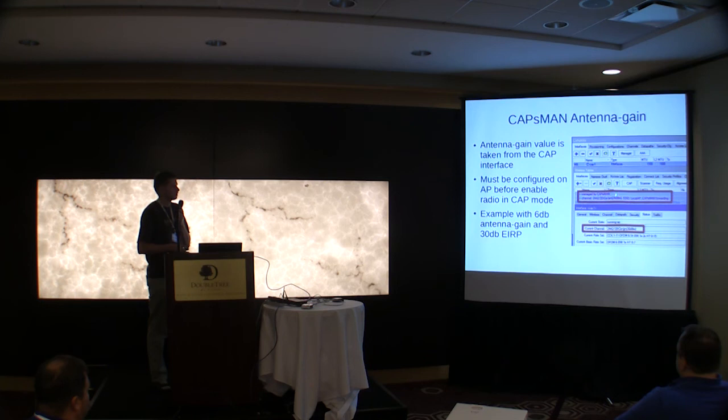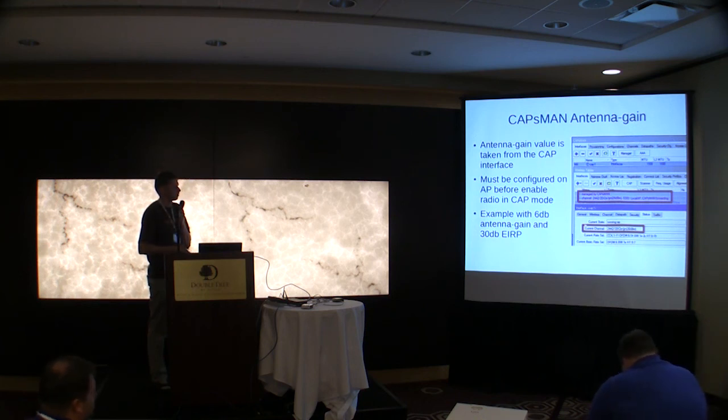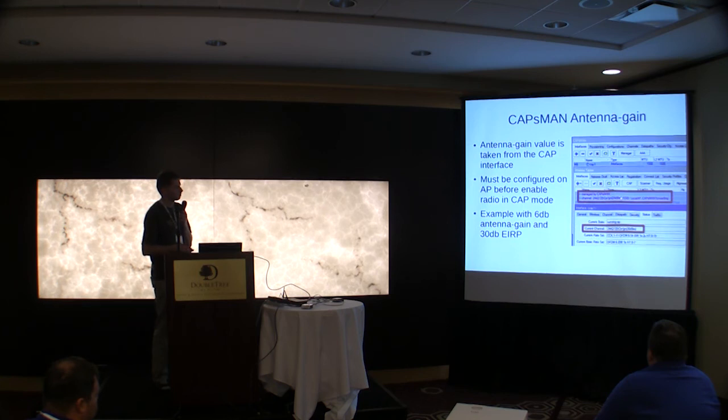And since this interface is disabled, you cannot change it when it's already running. You need to specify antenna gain before you enable CAP support on the AP. Here, for example, the ERP shown on the CAPsMAN is 30 dB. If you log into the CAP, it shows that auto power is 24 because it has 6 dB antenna gain specified. The total ERP is 30. The auto power is 24.